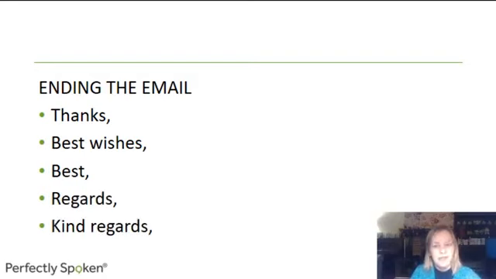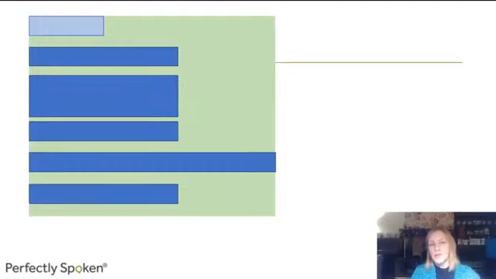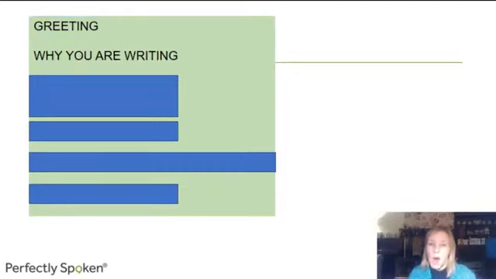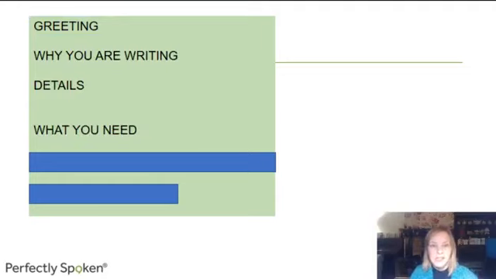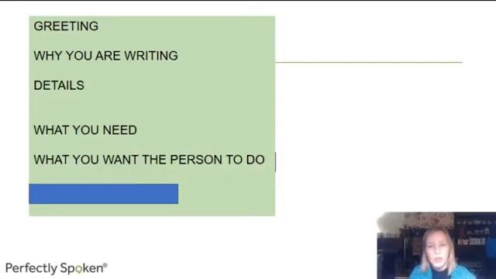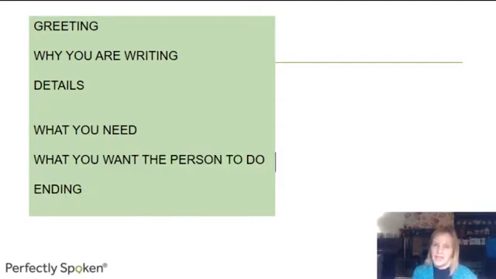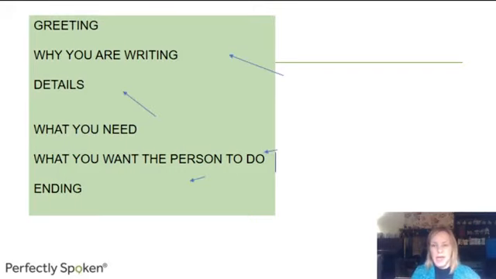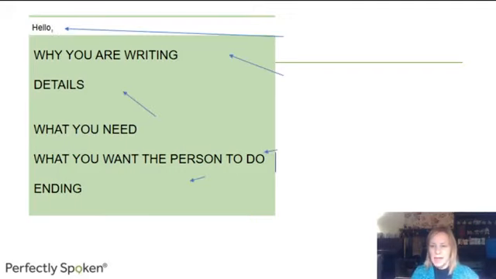My favourite is kind regards, because I like this one. It's very elegant and polite. Okay? So here we have the different sections. So you've got greeting, why you're writing, details, what you need, what you want the person to do, and the ending.